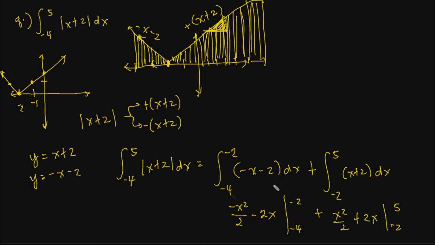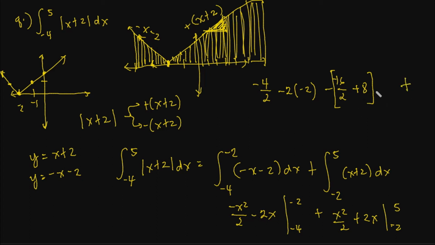Okay, now for this case, we have negative 4 over 2, and then minus 2 times negative 2, and then minus 16 over 2, and then minus 2 times negative 4, which is actually positive 8. Okay, so this is for our first term.